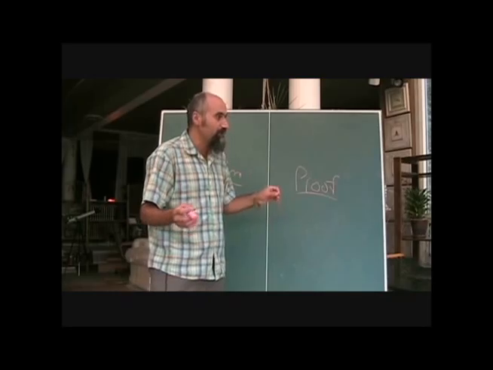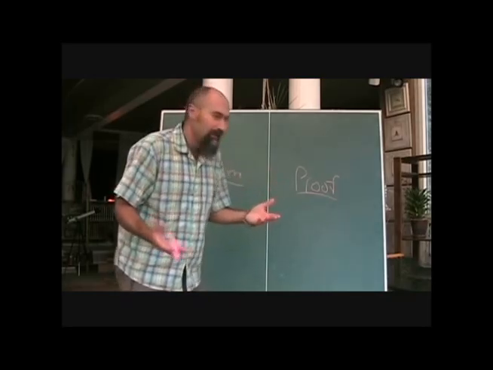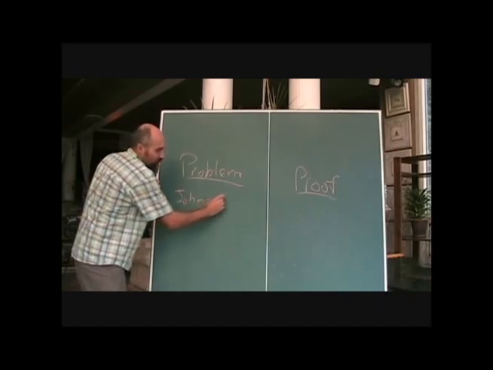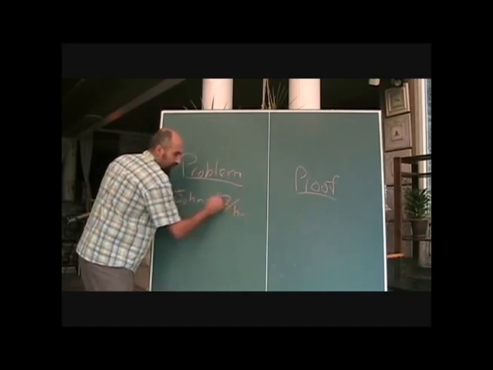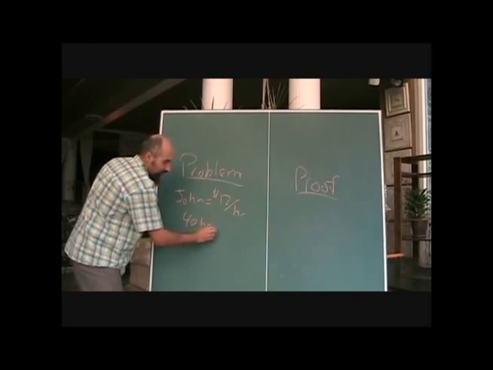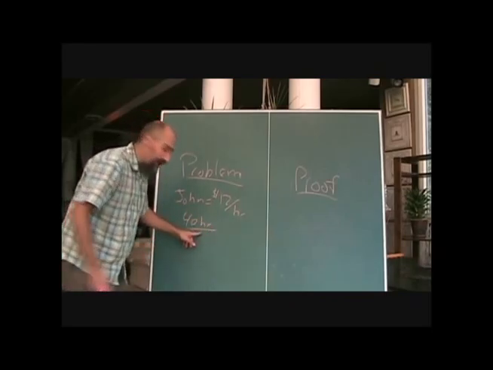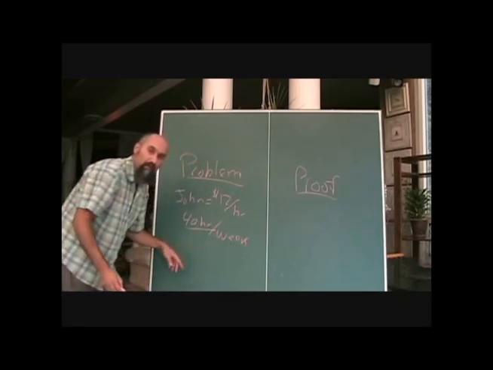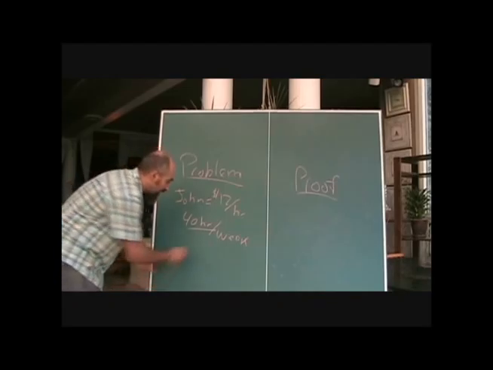For example, a question would be like, John gets $12 an hour, and if he works 40 hours per week, how much would he get paid for a 5-week period?